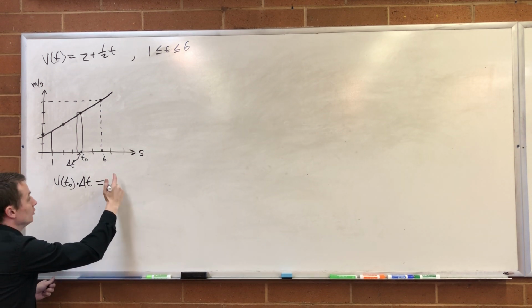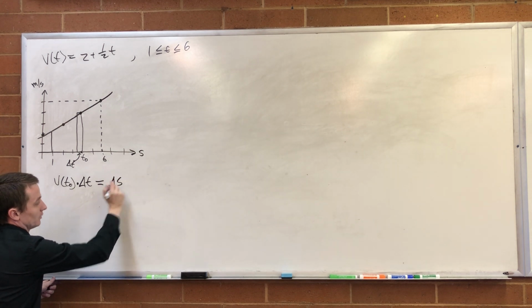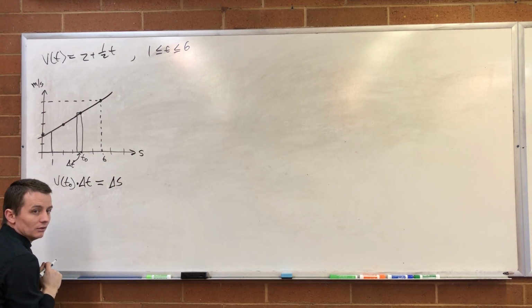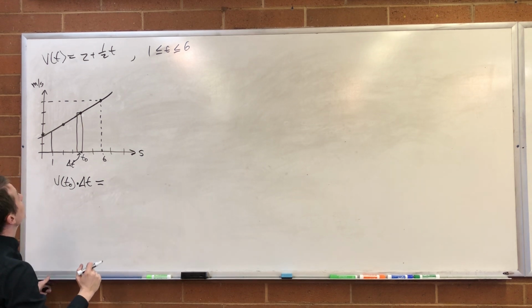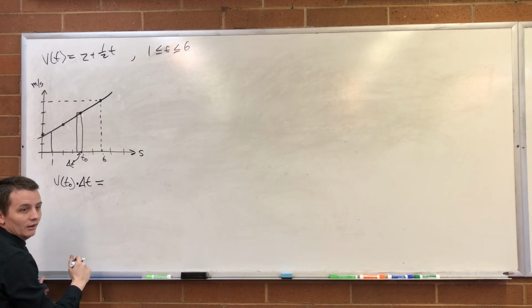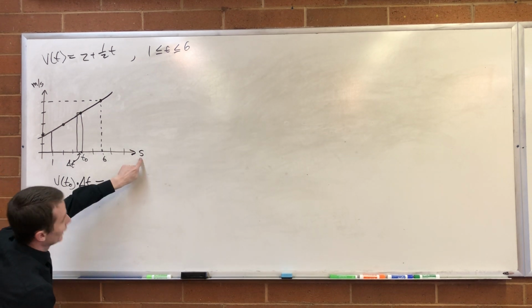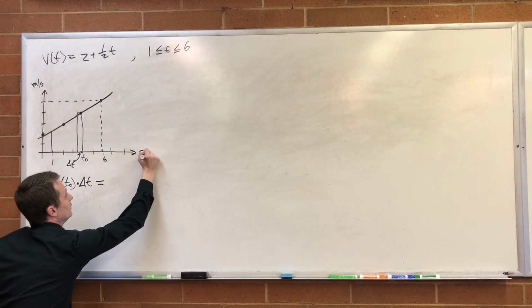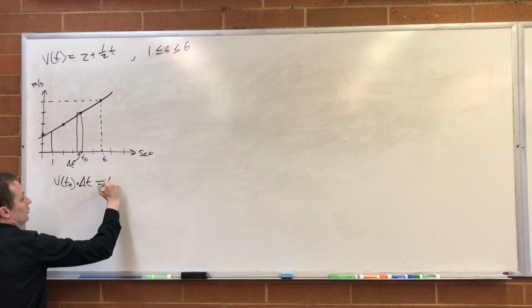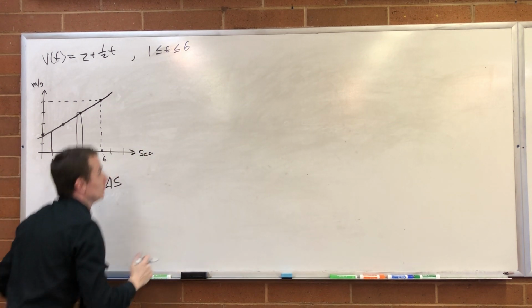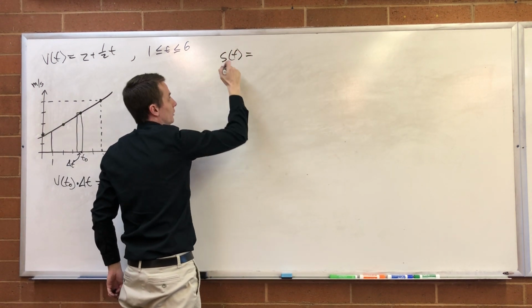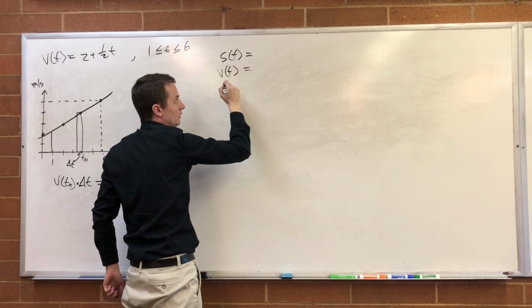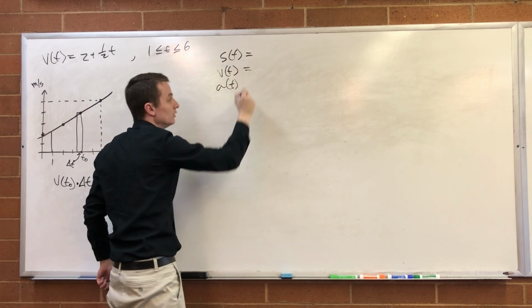So this gives me a small change in s, s being our position function. Because we have s for seconds, so I'll use SEC for seconds here. And then I'll say a small change in our s function. Because remember, s of t gives us position, v of t gives us velocity, and a of t gives us acceleration.